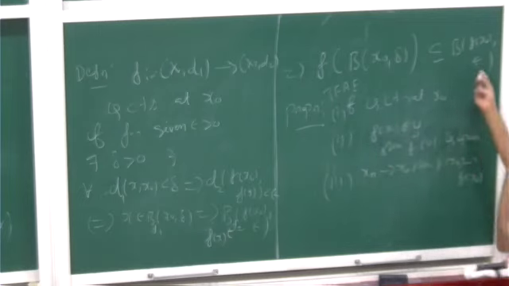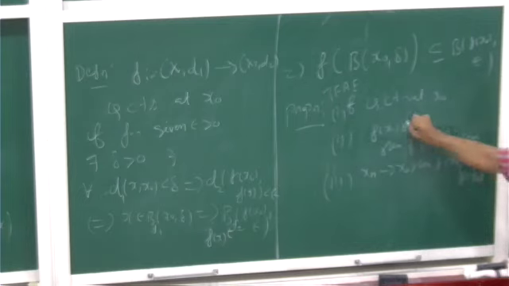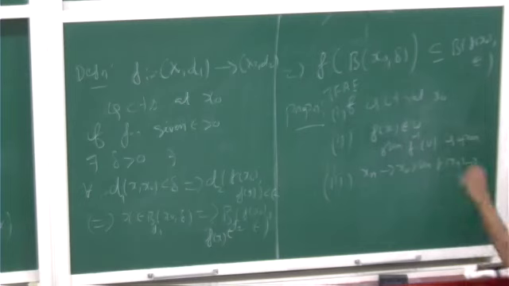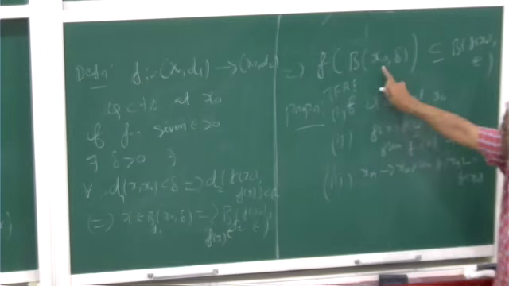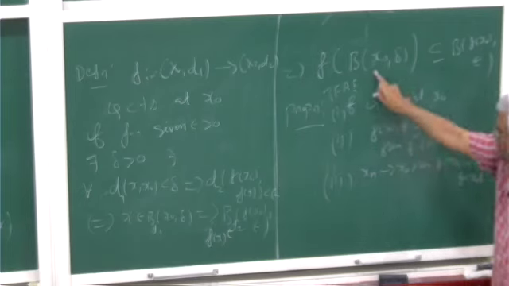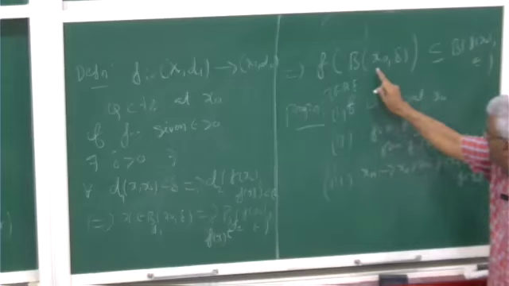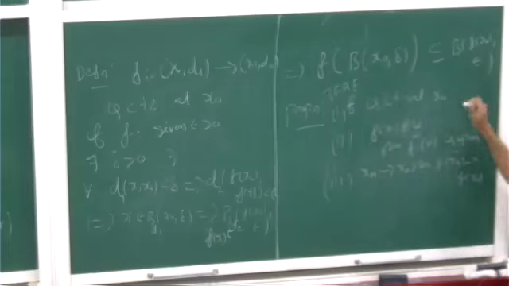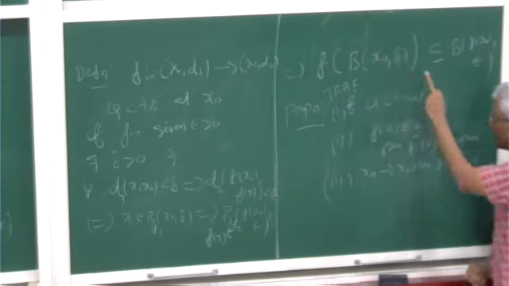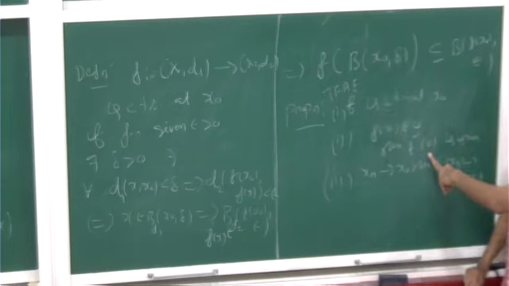So that means there exists a delta such that this happens, and from that it will follow that B of x naught, delta is contained in f inverse u.